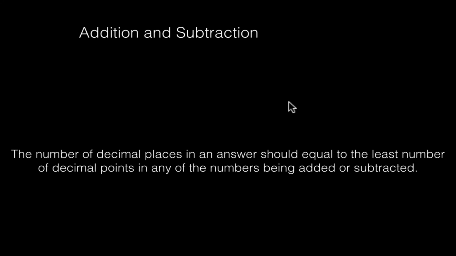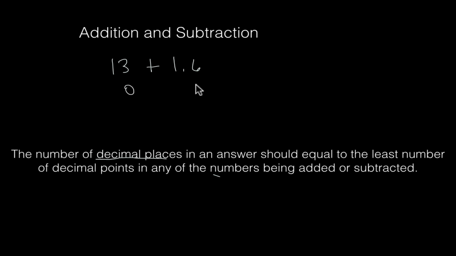Okay, addition and subtraction. For addition and subtraction, the number of decimal places, so we're talking about decimal places now, not significant figures, should equal the least number of decimal places in any number being added or subtracted. So if we had an example of 13, so we have no decimal places, plus 1.6.